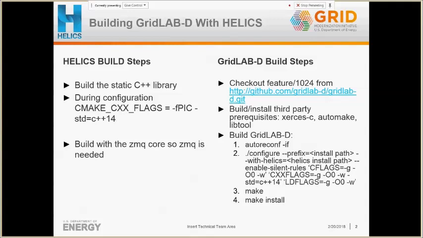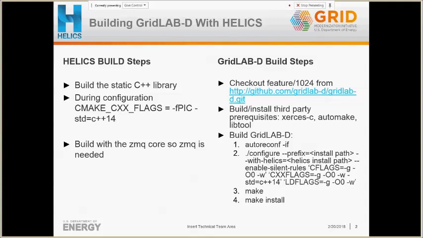The CFLAGS, CXXFLAGS, and LDFLAGS must be set up this way. If you notice, we're using zero optimization. That's due to an issue with the current version of GridLAB-D, but we're currently working on fixing that. The one thing to take note of that's different from building GridLAB-D regularly is this -std=c++14 flag in the CXXFLAGS line there.